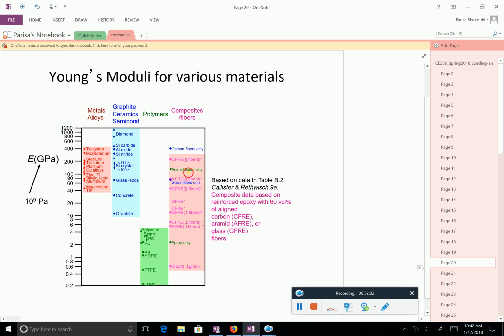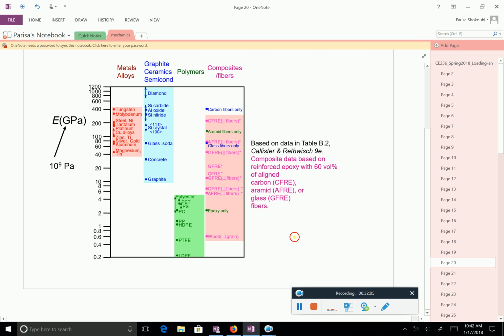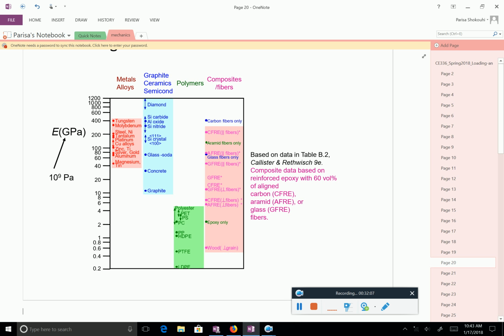To give you an idea how the elastic modulus is for different types of materials, there is this little graph here. On the top, you see different categories of materials. We have metals, polymers, composites, and ceramics. And you can compare how the stiffness differs between different classes of materials. Looking at this diagram, what can we say?